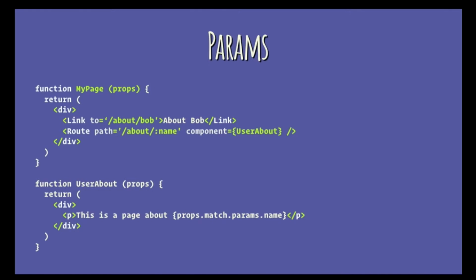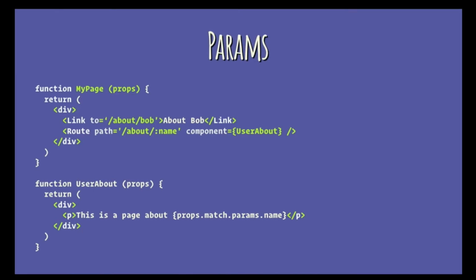So you can write a route like the one up there at the top. Route path equals /about/:name. By sticking a colon in there, that makes it a param. It renders the component UserAbout down there. And then I mentioned earlier that React Router will pass in some props. History, location, and match are the props that it passes in.